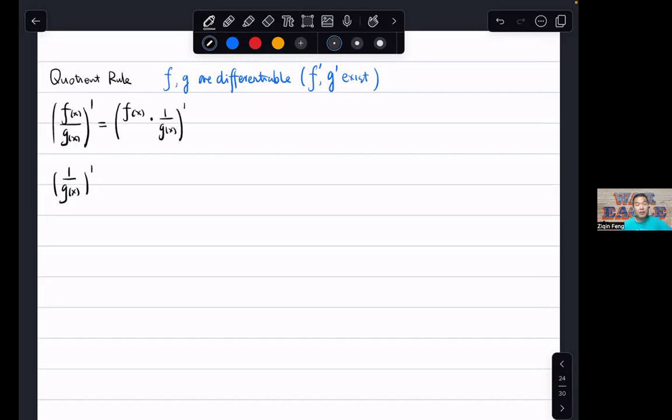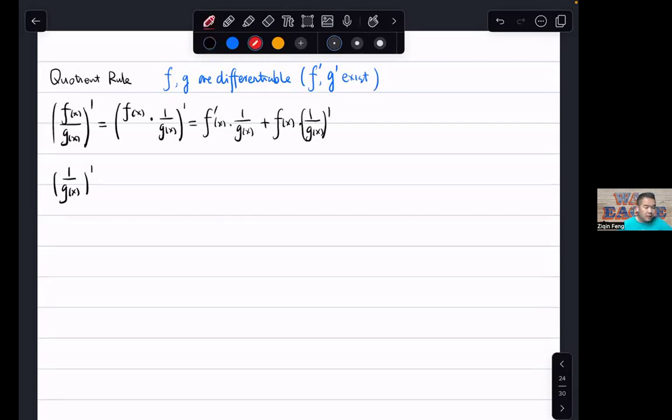You can apply the product rule: f prime of x times 1 over g of x plus f of x times the derivative of 1 over g of x. Then if you know the derivative of 1 over g of x, you can plug it in.